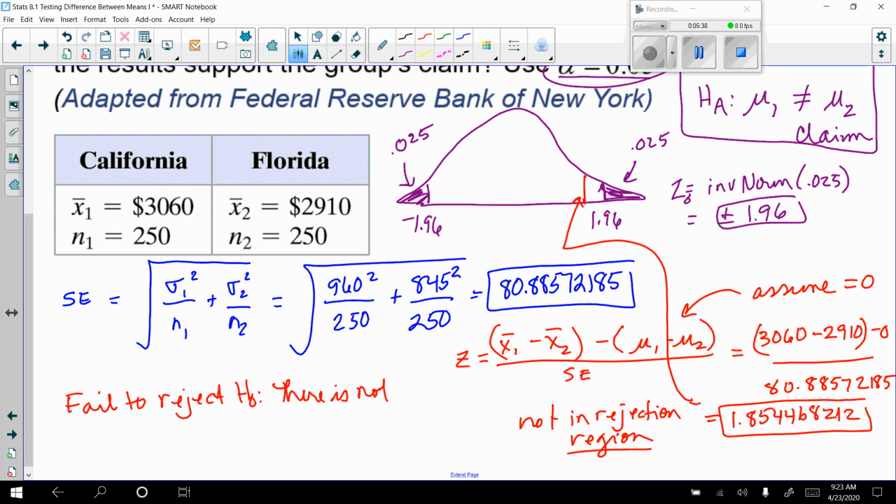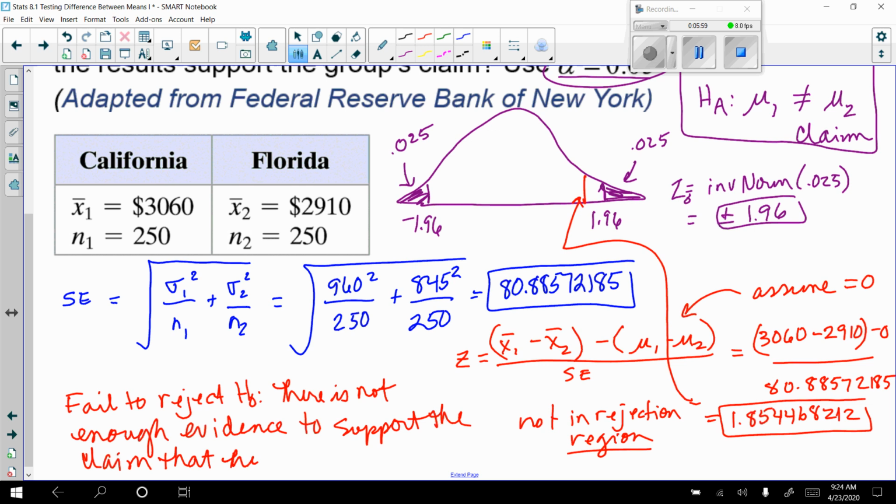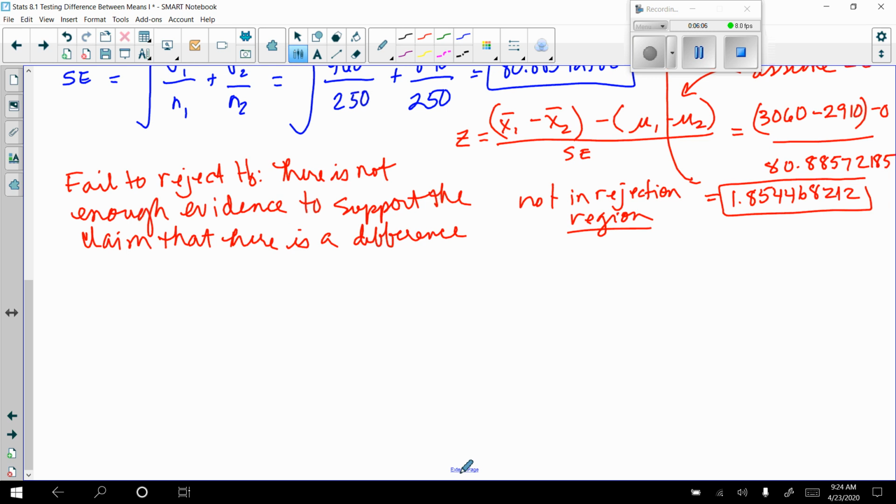There is not enough evidence to support the claim that there is a difference in the mean credit card debts of people in California and Florida.